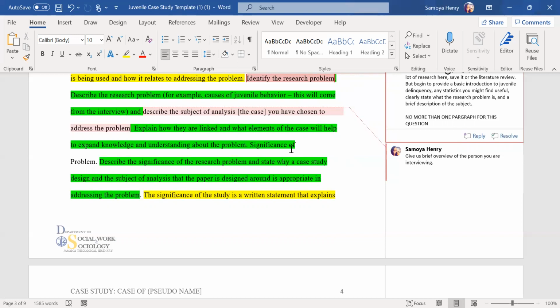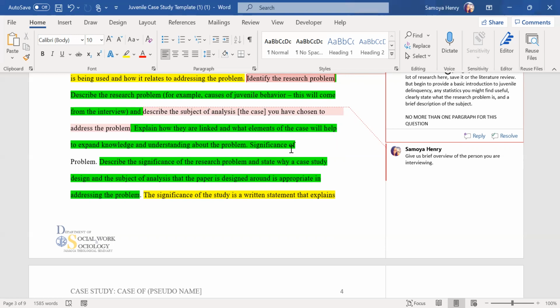How are they linked? The subject of analysis lost his father to prison. His or her father went to jail. And it wasn't until the father went to jail that he started to demonstrate such juvenile behavior.